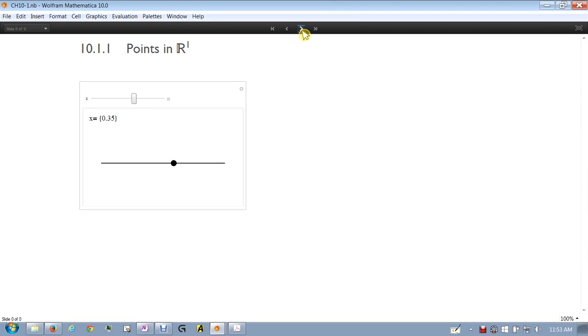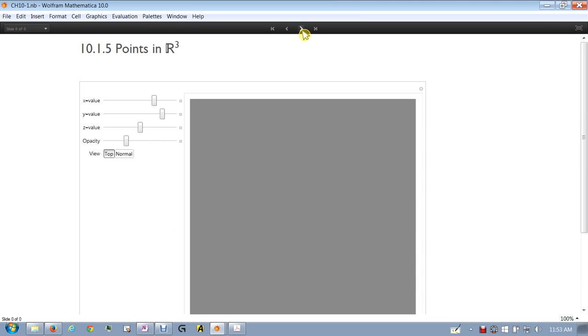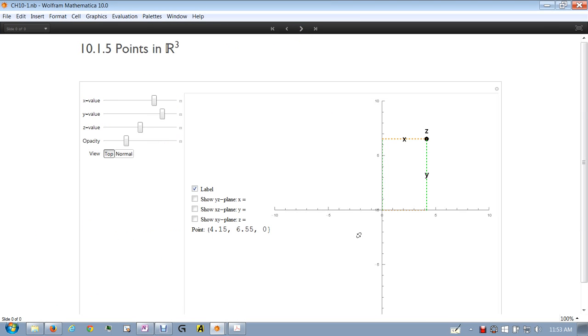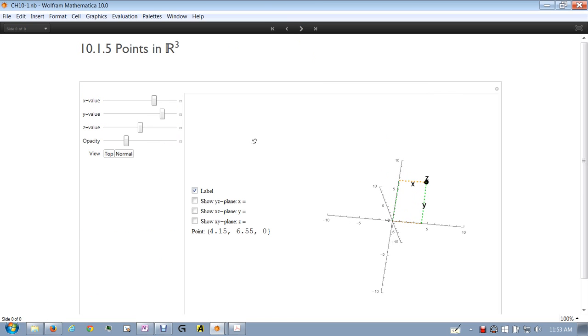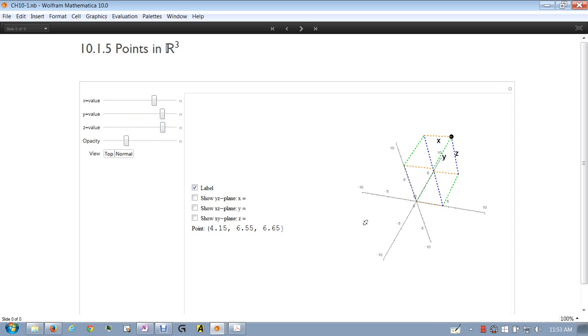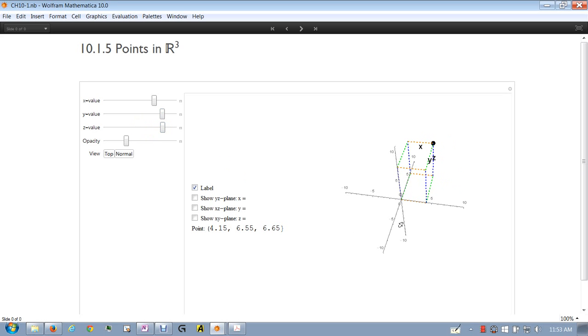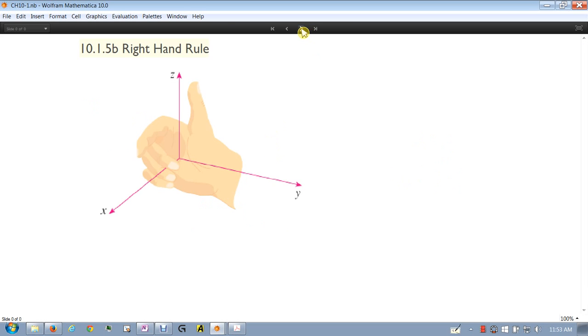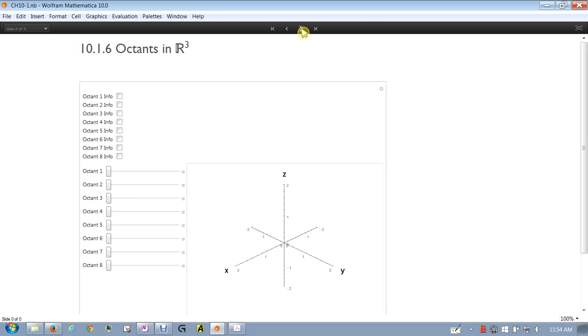introduces you to 3-dimensional space. So you go from a plane to a 3-dimensional space, right? And then you have points that live in 3-dimensional space instead of 2-dimensional space. So you just get familiar with what that is. Get the right-hand rule that you learn.